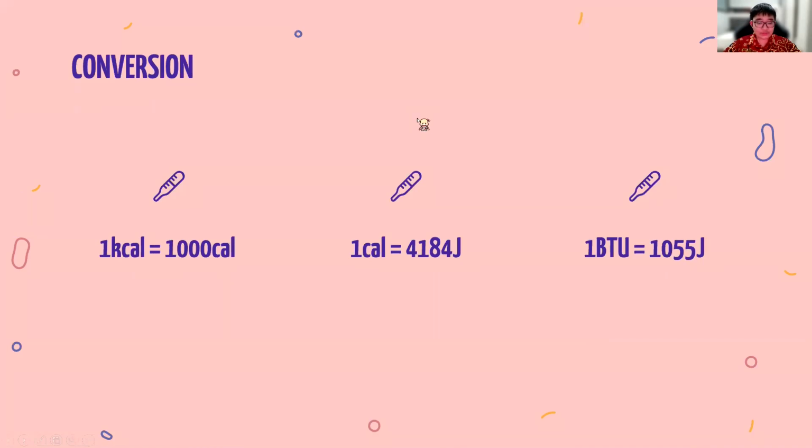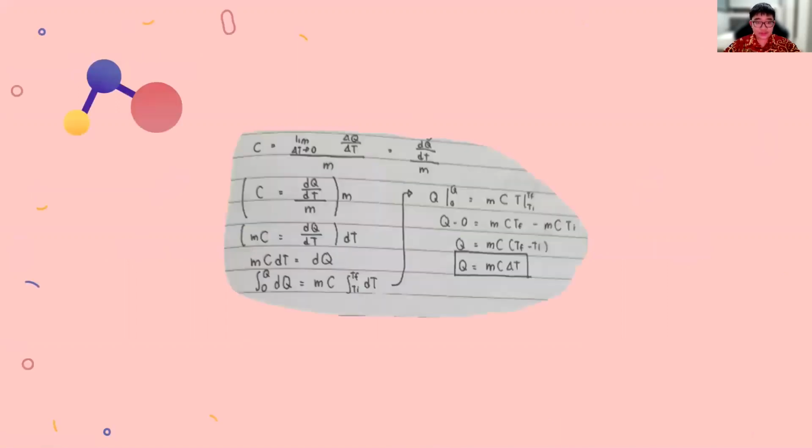And for the conversion, we have 1 kilocalorie is equal to 1000 calories. 1 calorie is equal to 4184 joules. And the last one, 1 British thermal unit is equal to 1055 joules.